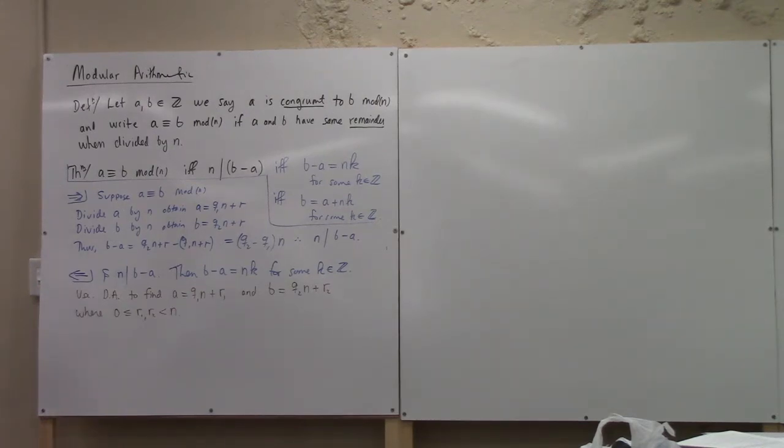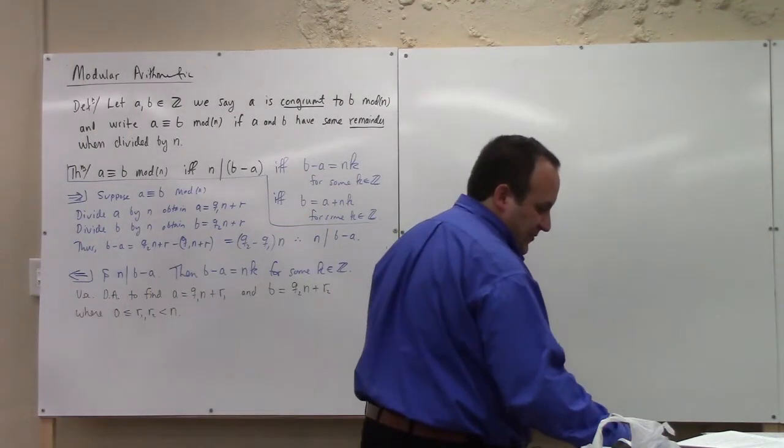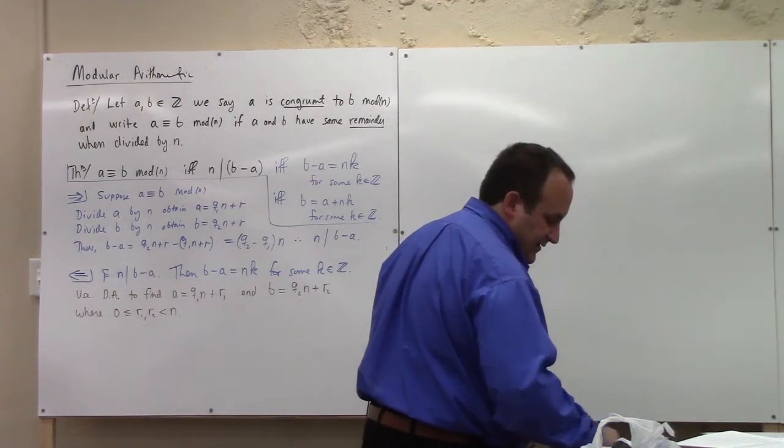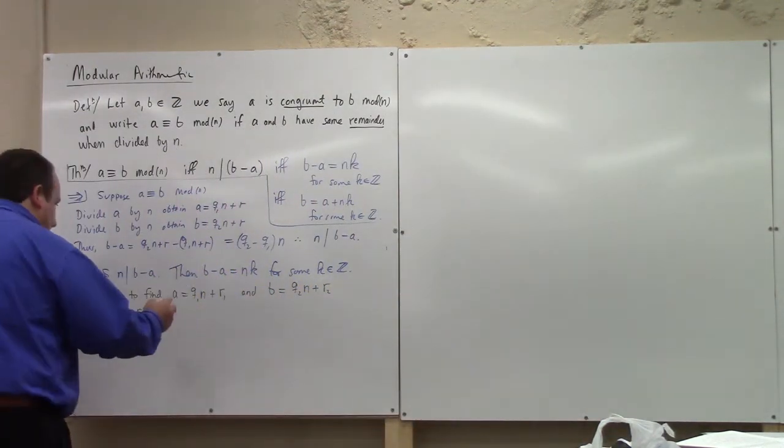All right, anyway, what do you got here then? We should probably look at B minus A, because that's what we have information about. B minus A is equal to nk, but B minus A also connects to our handy-dandy division algorithm. So let's see what happens.